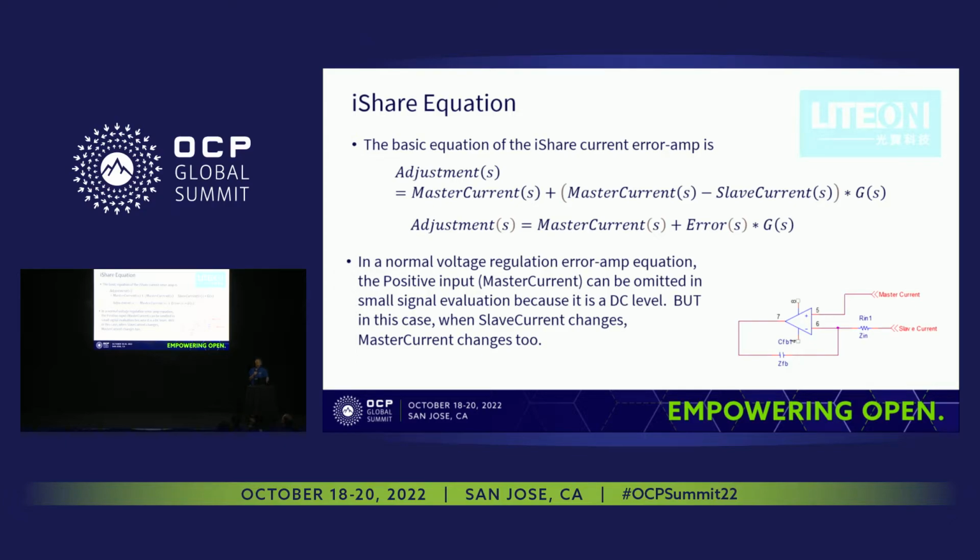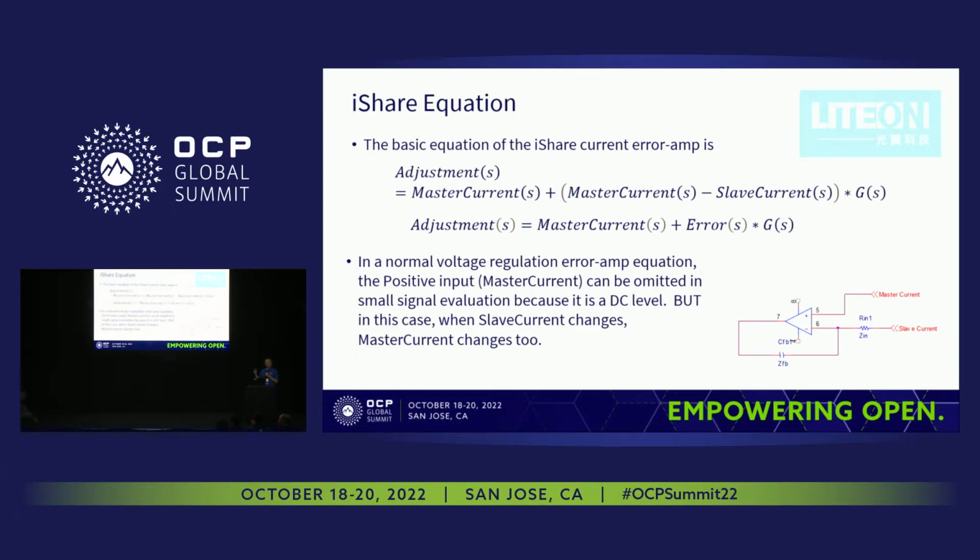It has the positive input plus the difference between positive and negative input multiplied by the transfer function, I mean the gain. So the adjustment is the master current, which is the positive input, plus the error times the gain.